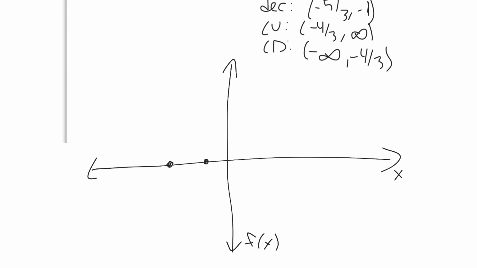We know our y-intercept is over at (0, 2), so we can put that up here as well. This is (0, 2). Here we've got (-2, 0), (-1, 0).